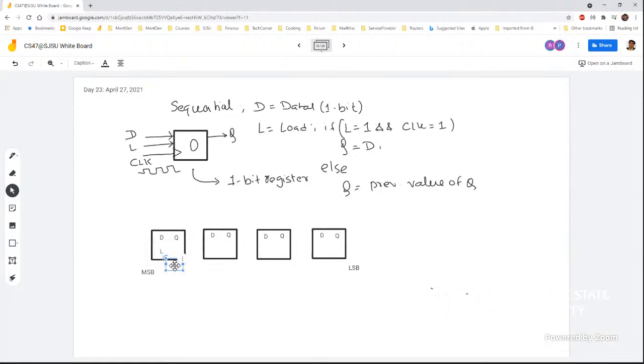We have a load signal over here, over here, and over here.